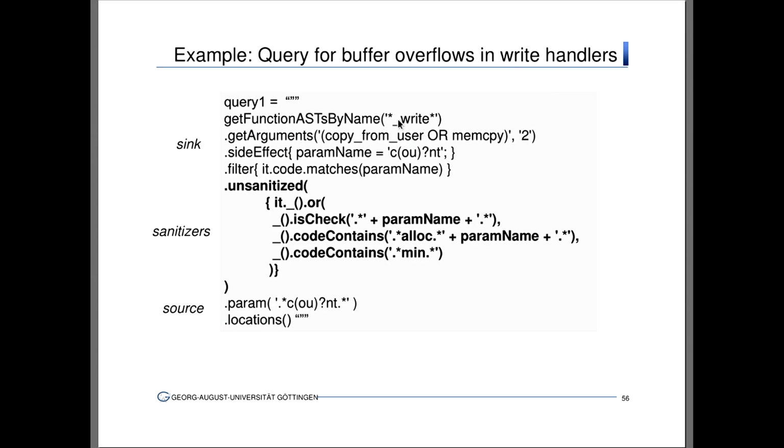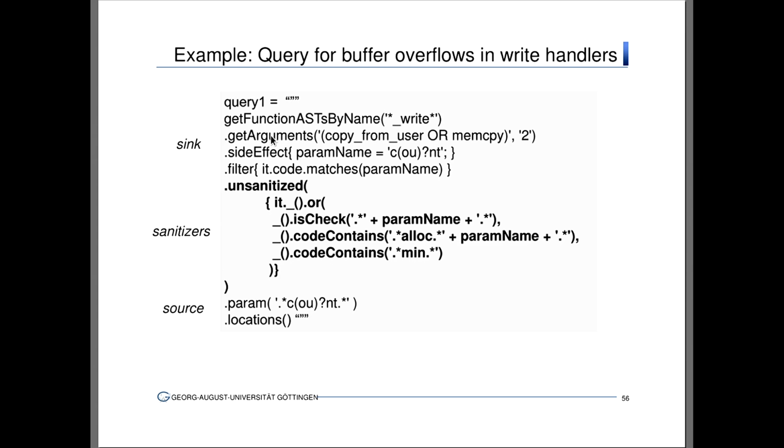So here you see a typical taint style query. Here we look for buffer overflows in write handlers. We start off by characterizing the sinks that we want to reach, the sensitive operations. So get functions where the name matches write, okay?